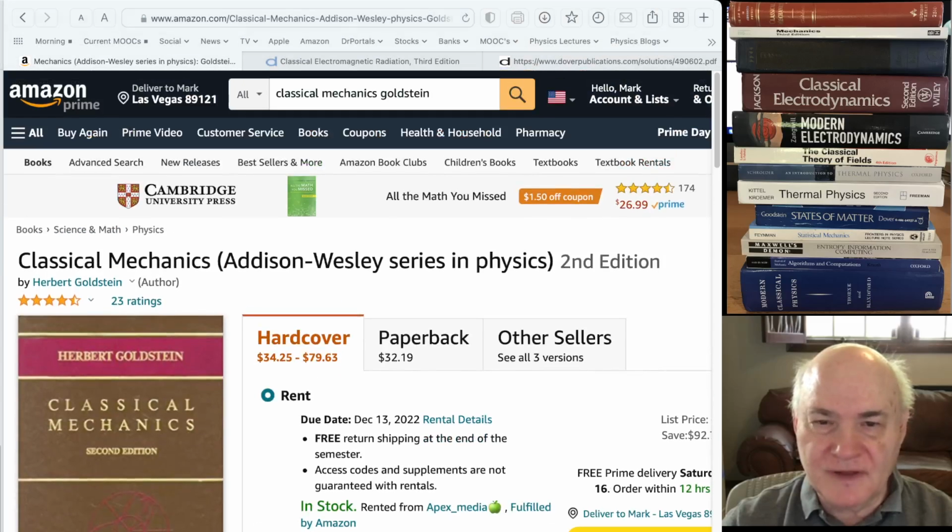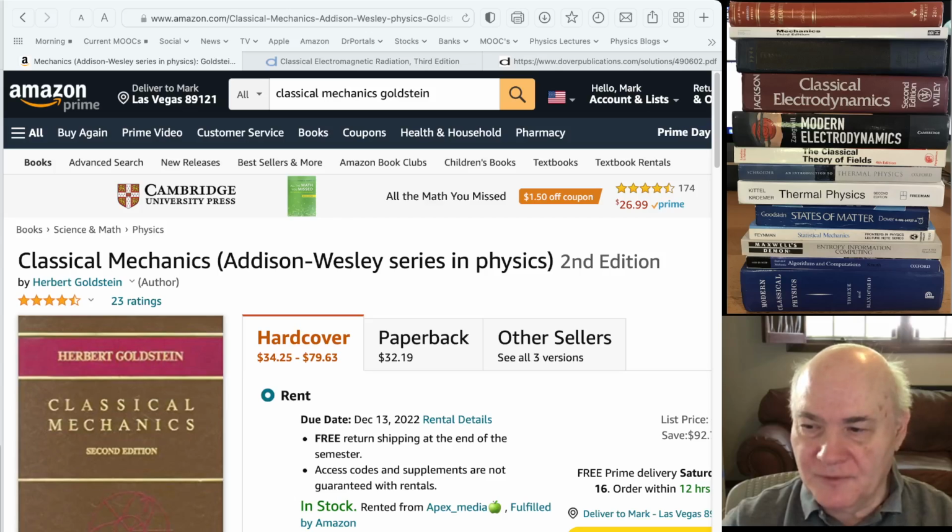They took some stuff out of the second edition and added some stuff in the third edition. It's your choice. Sometimes the newest edition of a book is not always the best edition. So take a look at both on Amazon, see if you can compare prices, and make your choice.